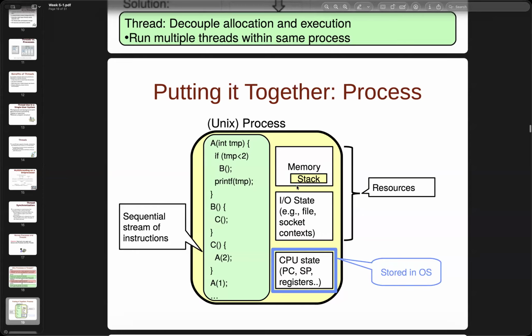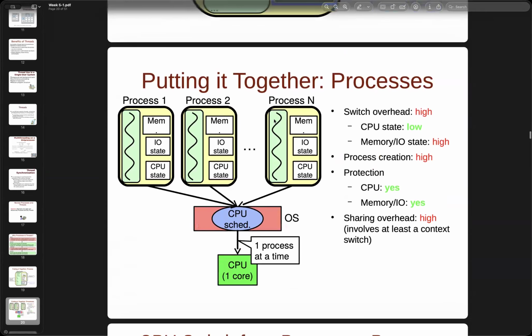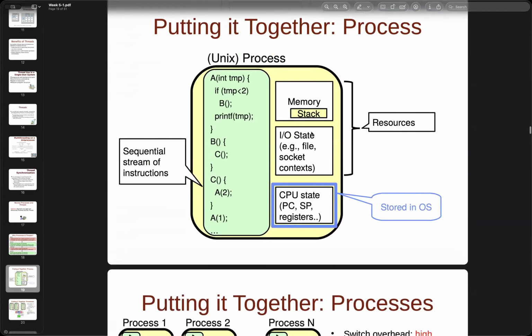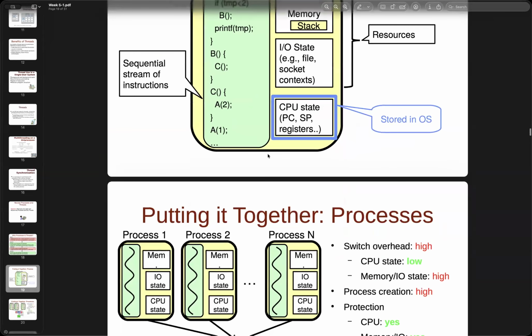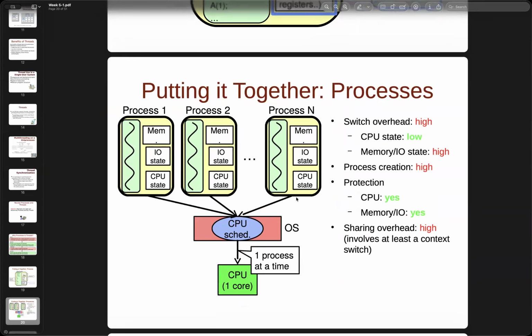All this is a process. When we talk about processes, right now we have process one, two, until process n. All of these have the same content: memory stack, IO, and CPU state, and they think they own everything.